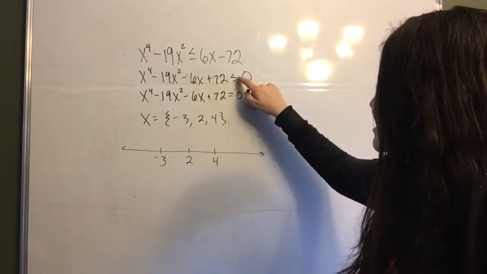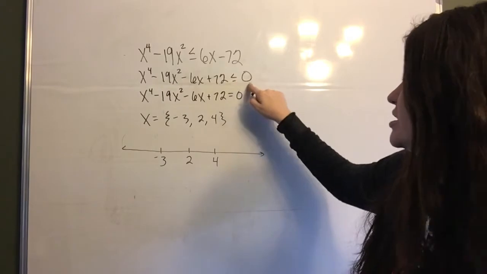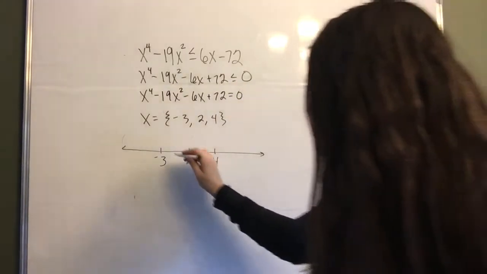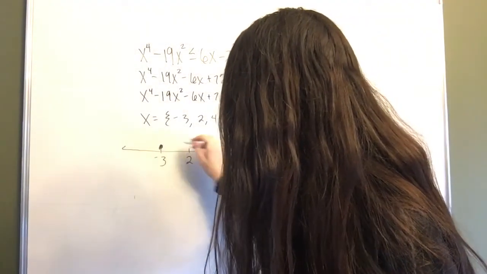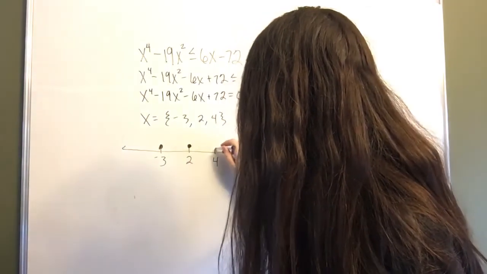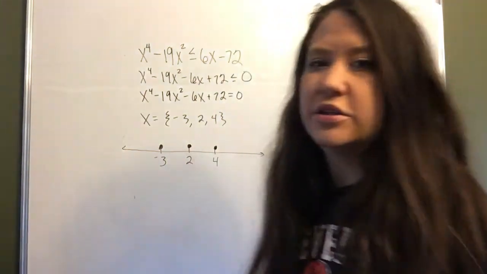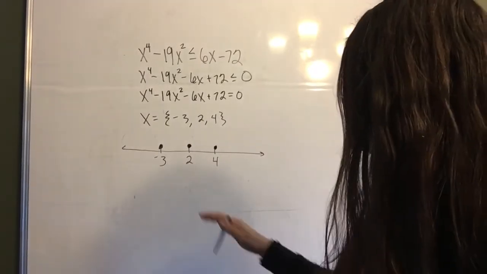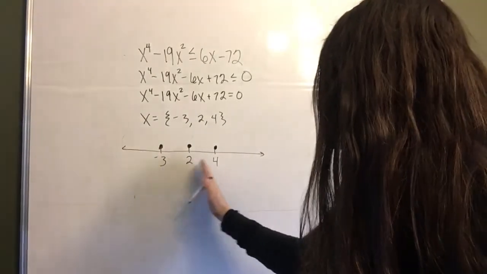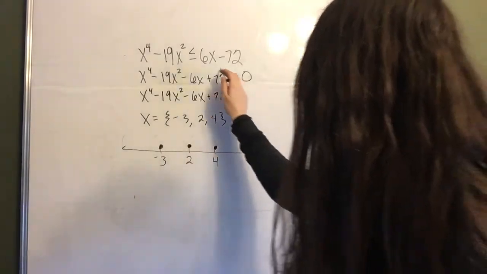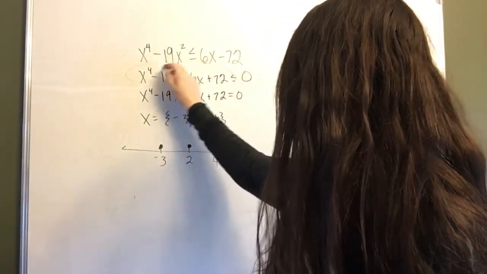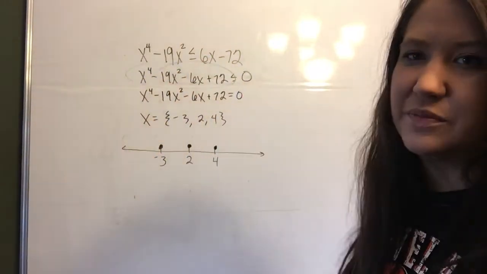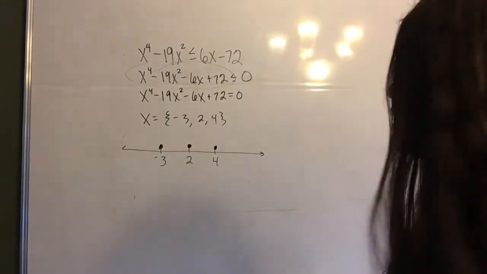We're looking for where it's less than or equal to 0, so we want to include these in our answer, right? So I'm going to put closed circles on there to show that. And then we're going to test values, plug them back in here, and see if it makes this true. So do we get something less than or equal to 0?